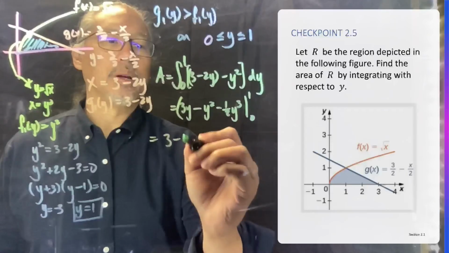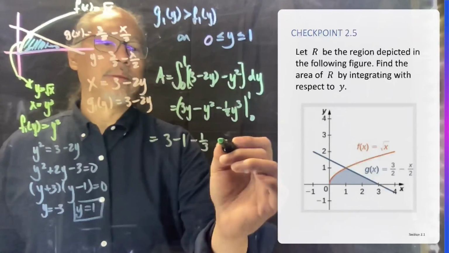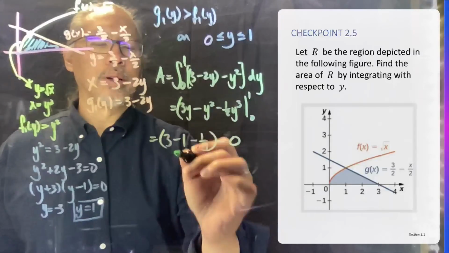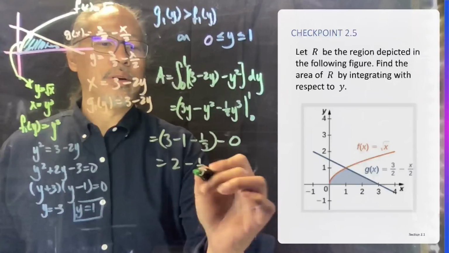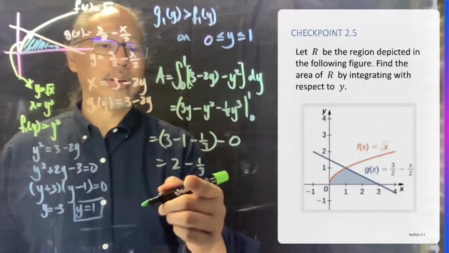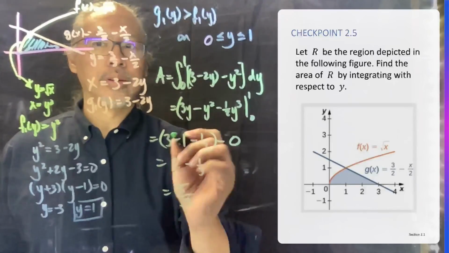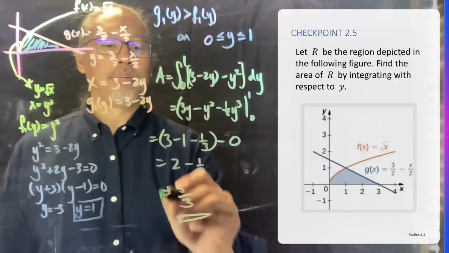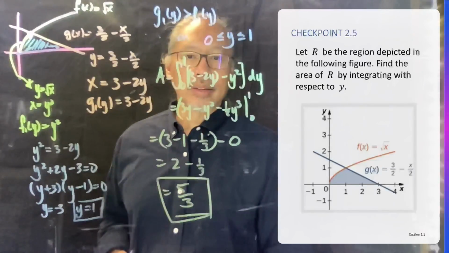So it's 3 minus 1 minus 1/3. And then put a minus 0 there if we want. So this is going to be 2 minus 1/3, and 6 minus 1 is 5, so this would be 5/3. And then that's it. All right, I hope that works, and good luck.